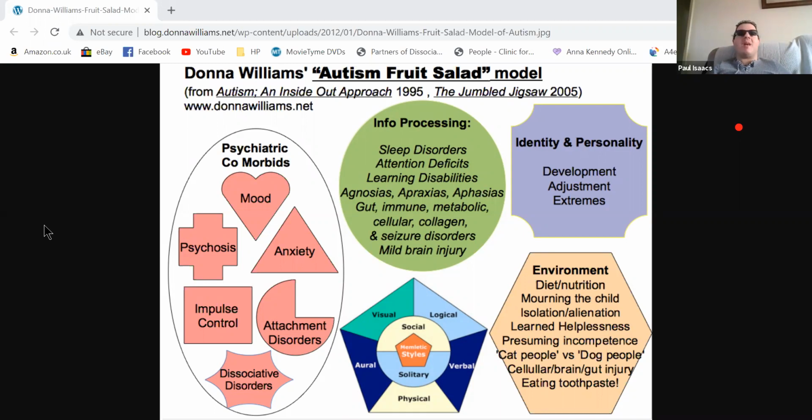It's always been the same. So learning difficulties or disabilities can go hand in hand with cognition and learning.